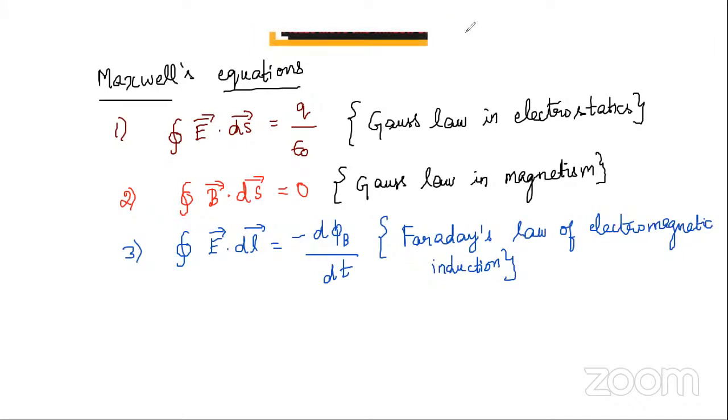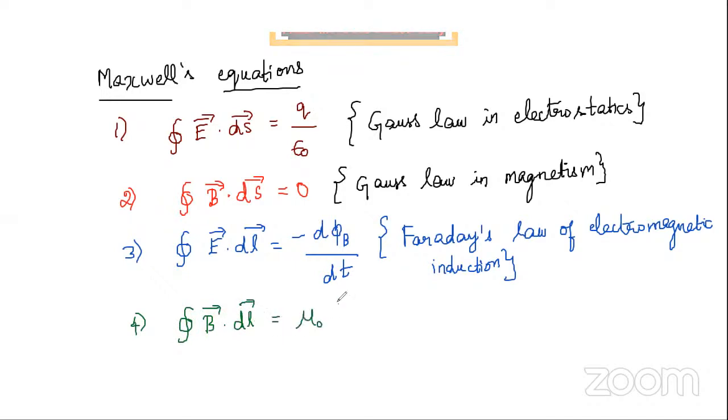And finally, the fourth equation is integral B dot dl. That is the Ampere's circuital law, which we have just discussed.